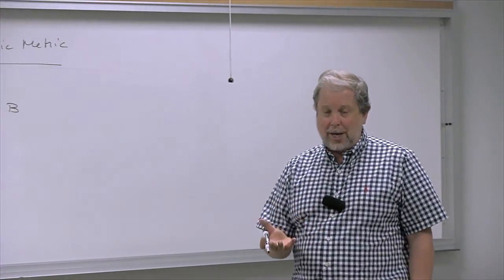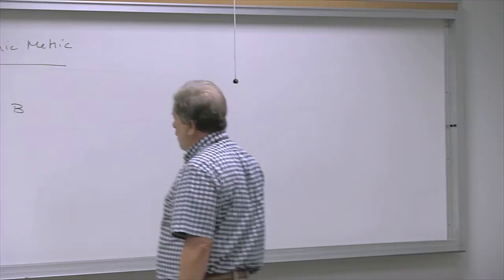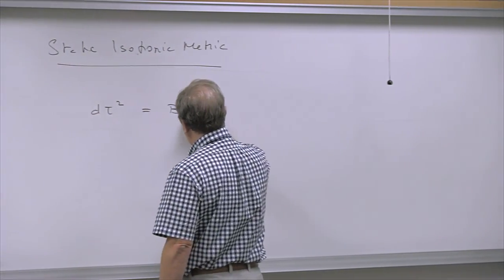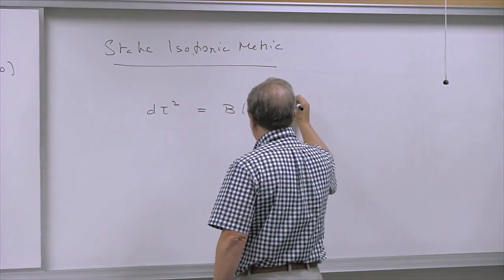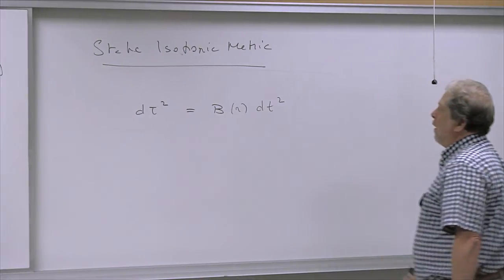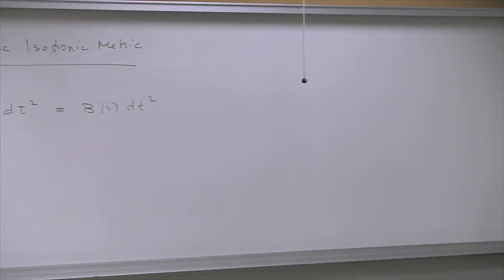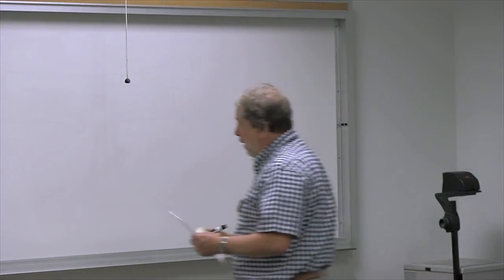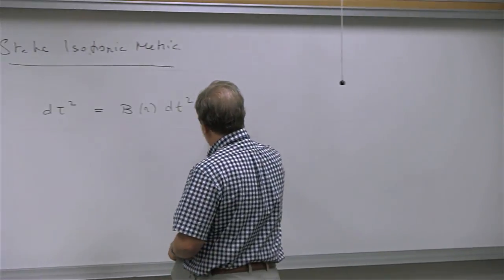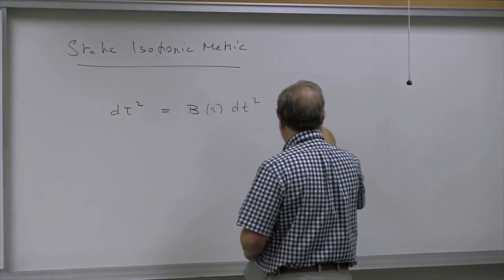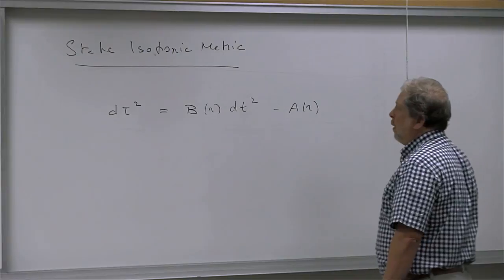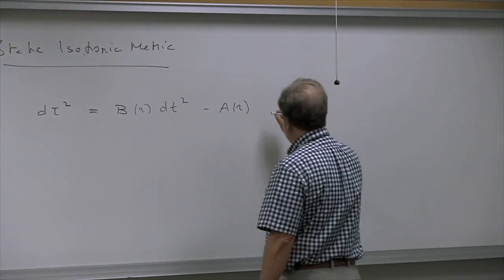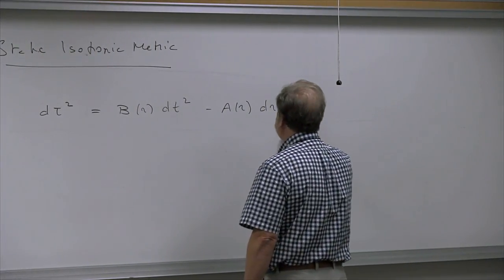And the answer is yes, it works. So it's some function that depends on r only, for dt squared, and you've got to have that in, otherwise you can't find a solution. And then minus some other function, again only a function of r, times dr squared.